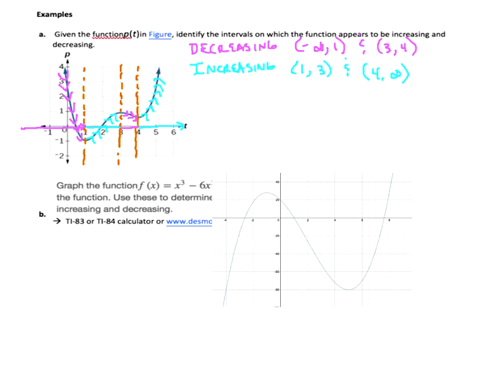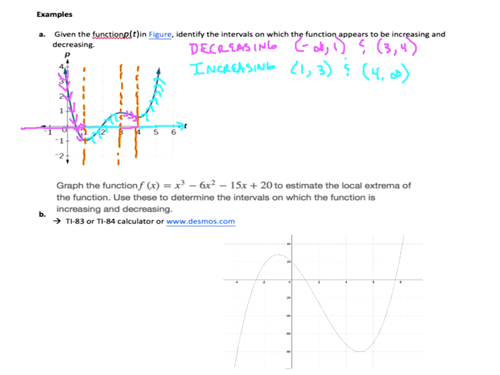Okay, notice I'm also asked to find the local extrema with the increasing and decreasing intervals. I could guess at where those high points and low points live.